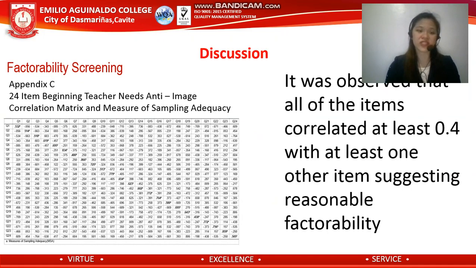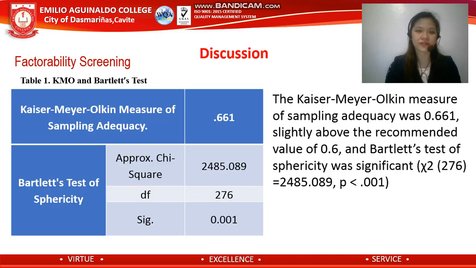As for the discussion, it was observed that all of the items correlated at least 0.4 with at least one other item, suggesting reasonable factorability. And here, the Kaiser-Meyer-Olkin measure of sampling adequacy was 0.661, slightly above the recommended value of 0.6, and Bartlett's test of sphericity was significant.